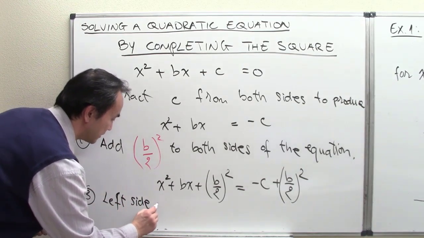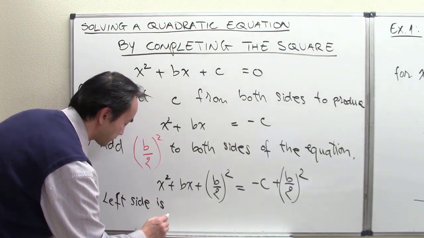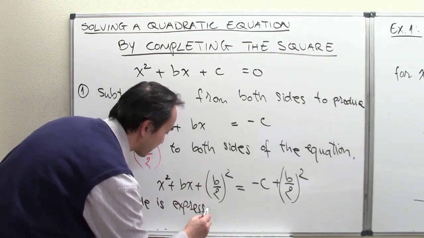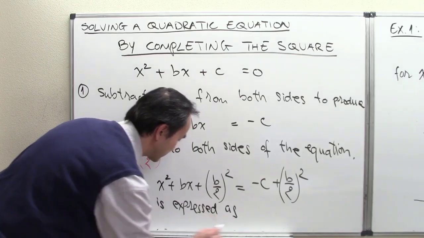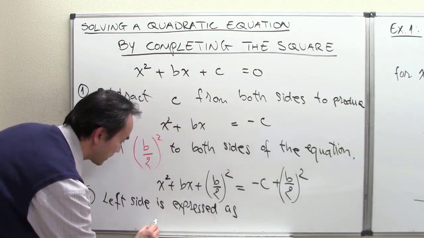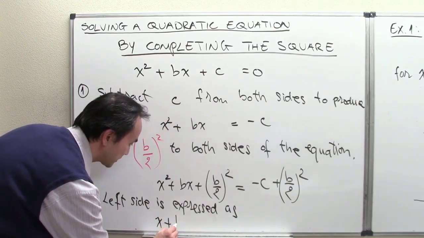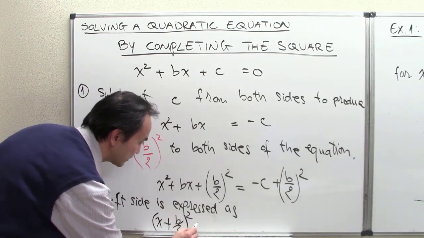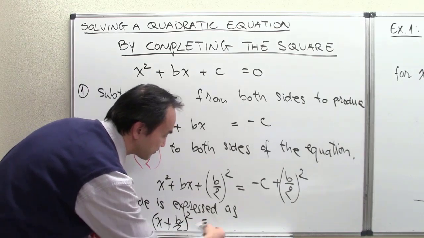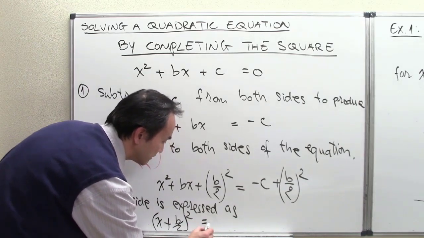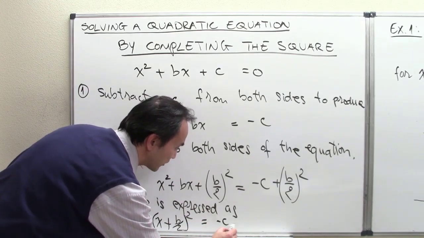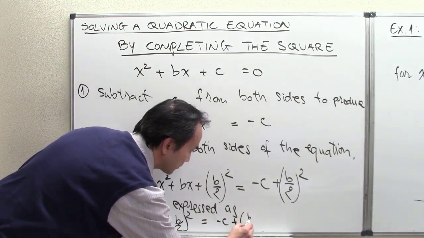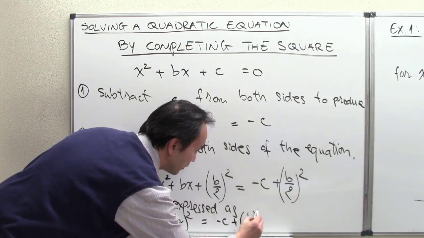Left side is expressed as x plus half of b over 2, all squared, and the right hand side is minus c plus whatever comes out from b over 2, all squared.